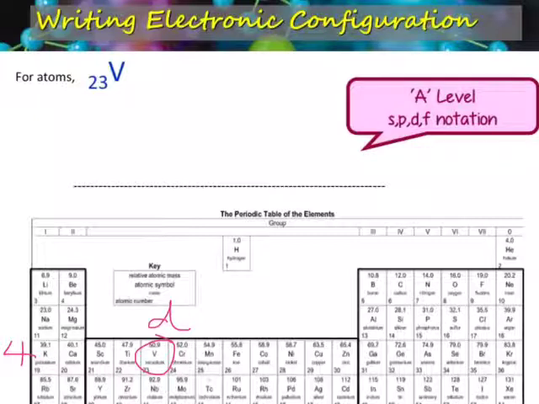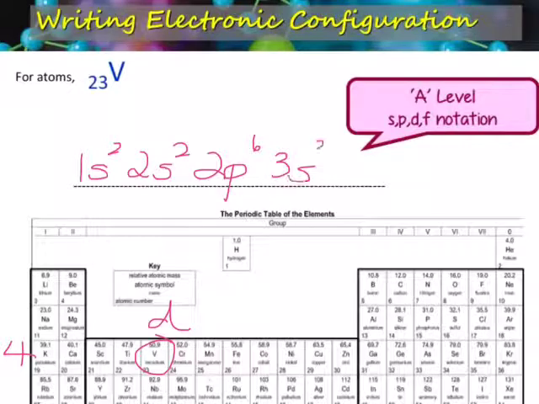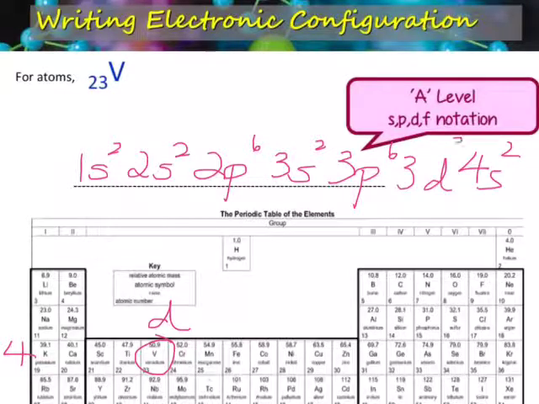Thus, the complete electron configuration will be 1s2, 2s2, 2p6, 3s2, 3p6, 4s2, and 3d3. Remember to arrange the electron configurations in order of increasing quantum number.